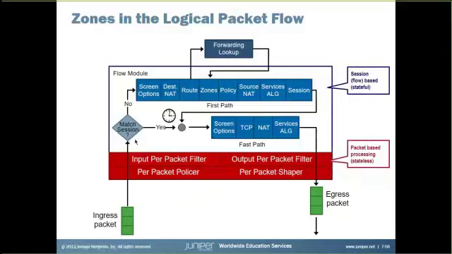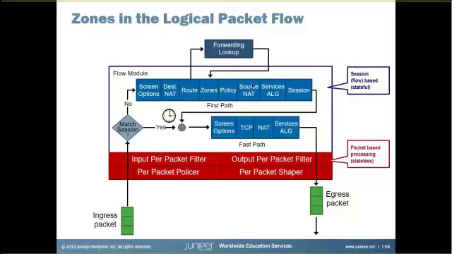So we're looking for an entry in the session table that has the same source and destination address, port numbers, and protocol, to see if that traffic was already accepted and use that information. If not, the traffic goes through the first path, where we evaluate it against all the different security components to decide what we need to do with it.